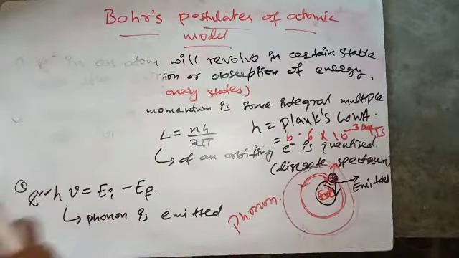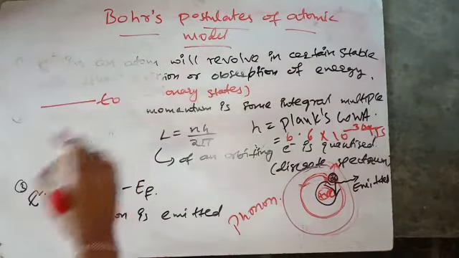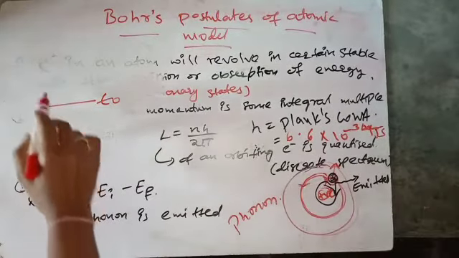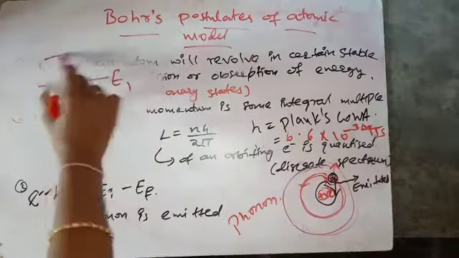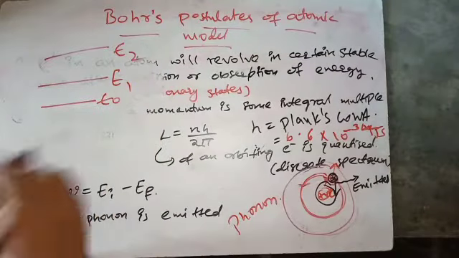If this is the ground state, energy E0, the first excited state is E1, and E2 is the second excited state.